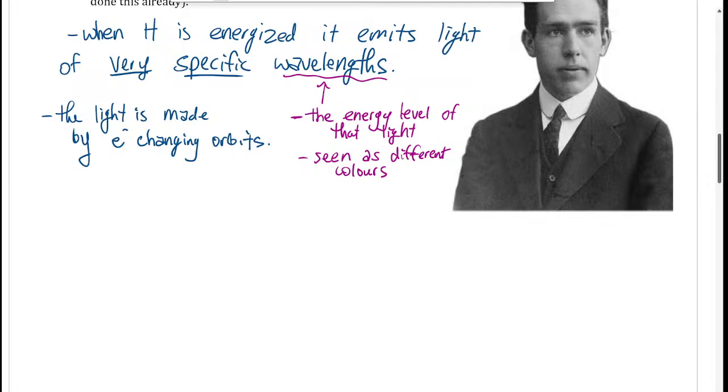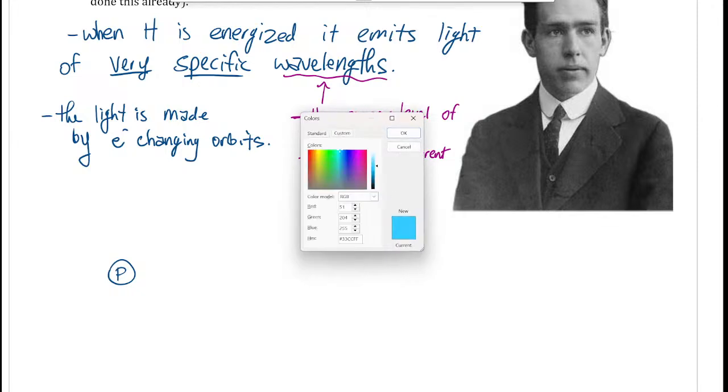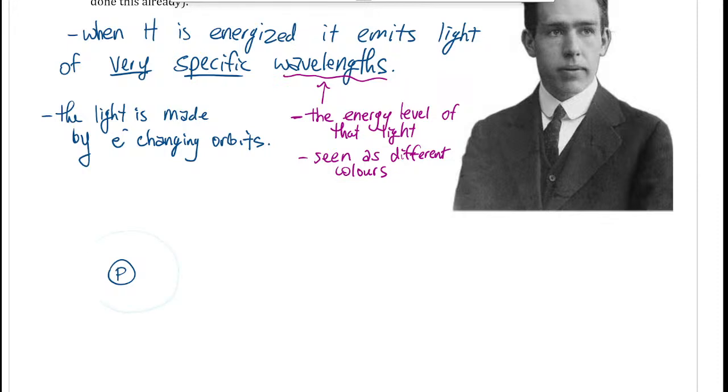If we look at hydrogen, hydrogen has a proton in the middle, and then it's got an orbital. That's the worst orbital anyone's ever drawn in the history of humanity. Okay, it's got a proton in the middle, and a lonely little electron here, a lonely little negative charge orbiting in that first orbital.